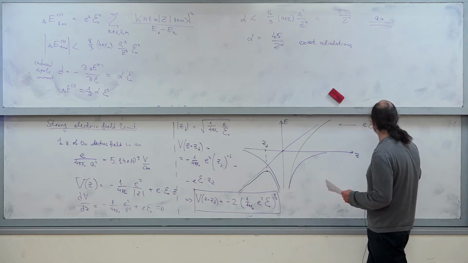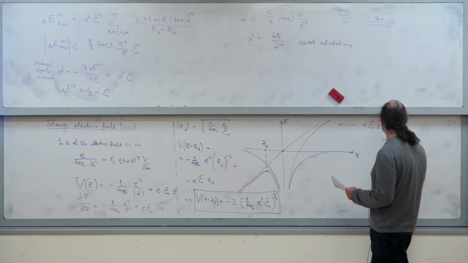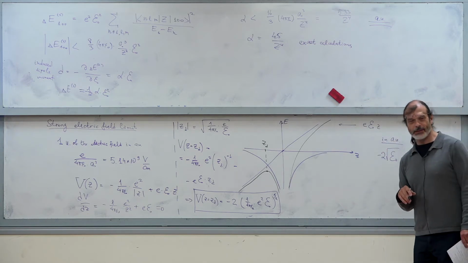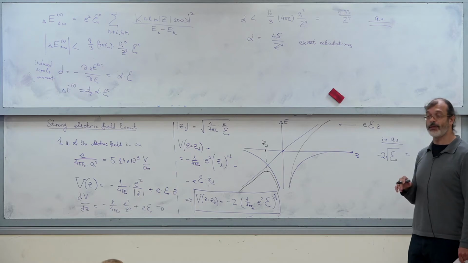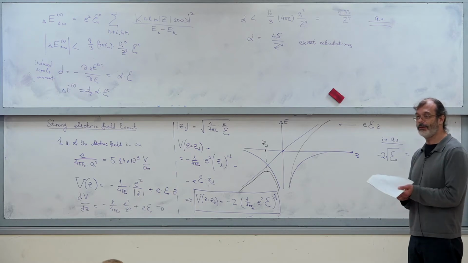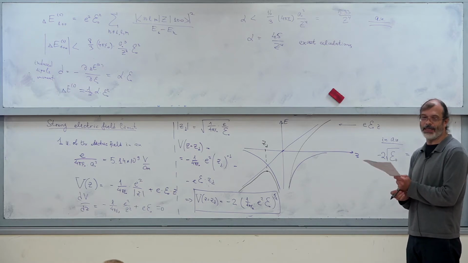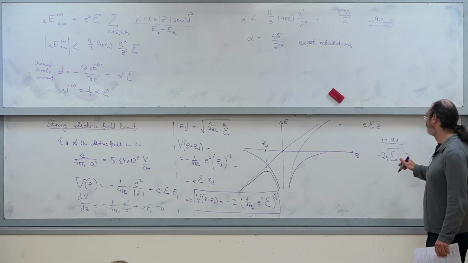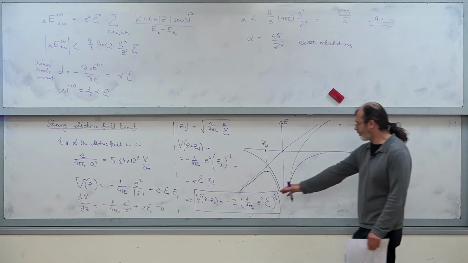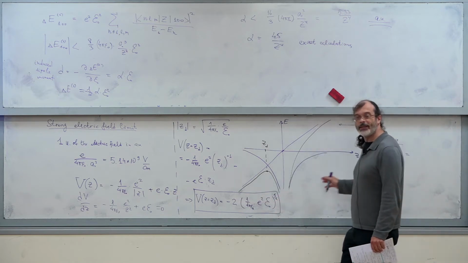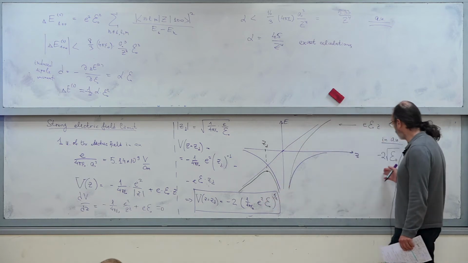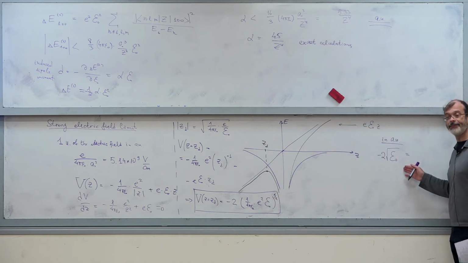I'm jumping here from regular units to atomic units just to make sure that nobody slips, so if anybody falls asleep, you will not follow. This is the same expression as written here, but in atomic units, which means that this is equal to 1, and this is equal to 1.